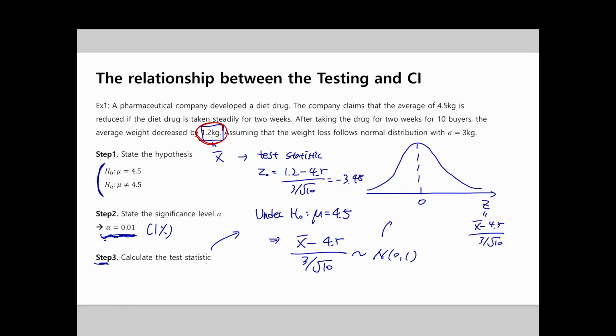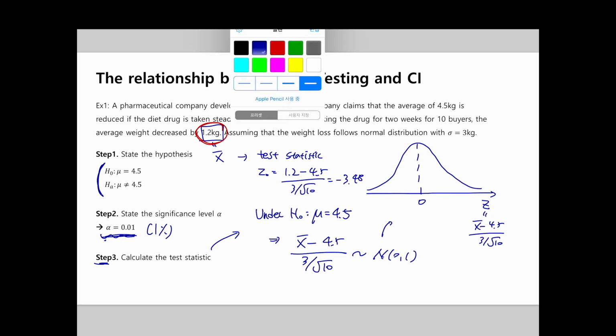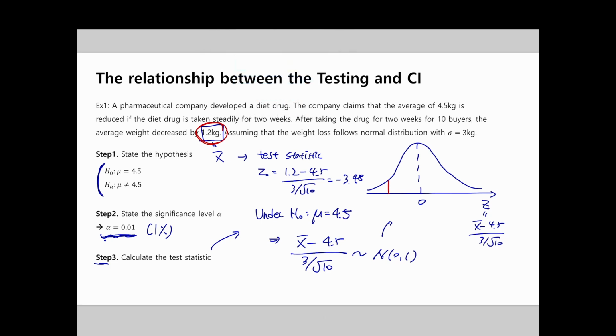Therefore the p-value is the probability corresponding to this value. Okay, this is the probability.